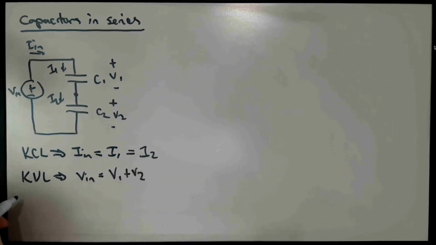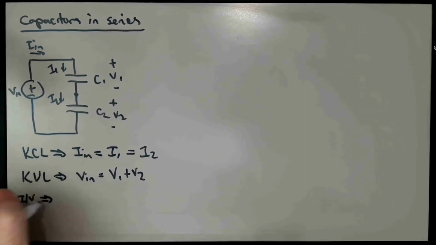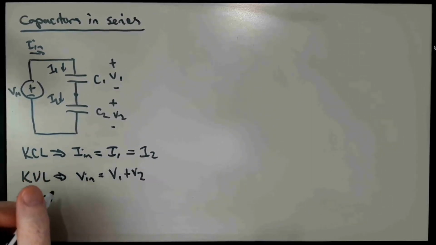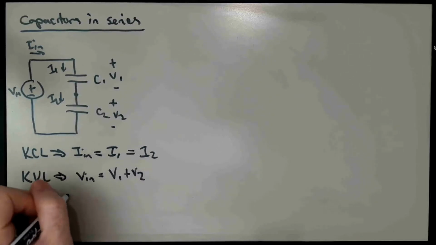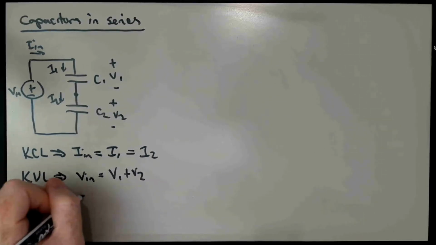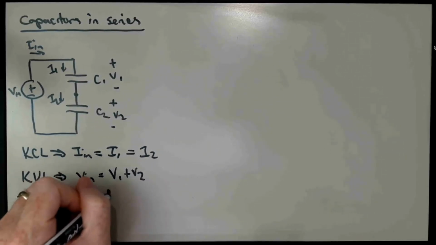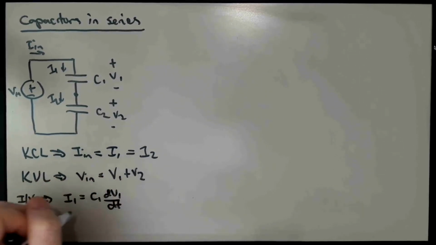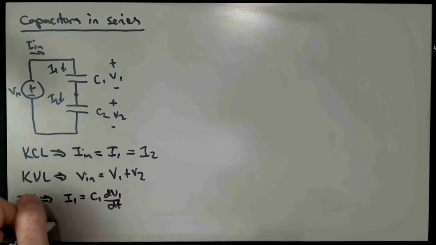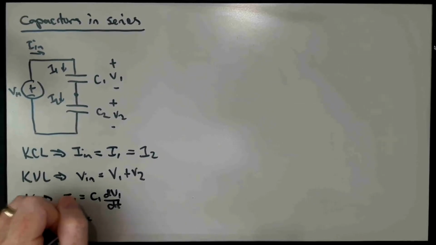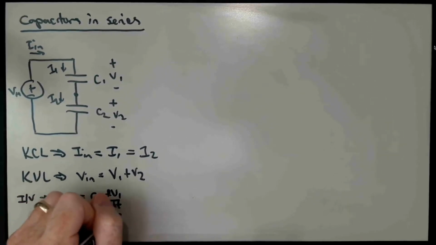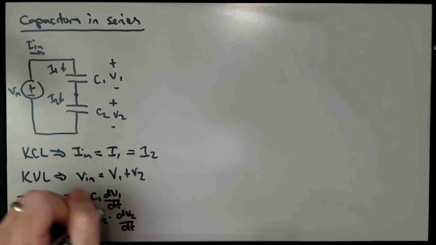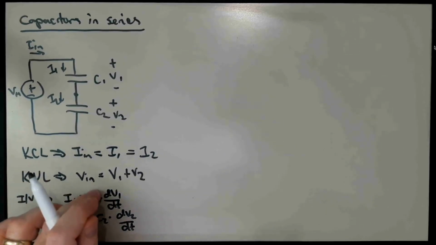And of course we also know from the IV relationship for the capacitor that for each capacitor, I1 is equal to C1 dV1/dt, and I2 likewise is equal to C2 times dV2/dt. Okay, so what do we do with this?